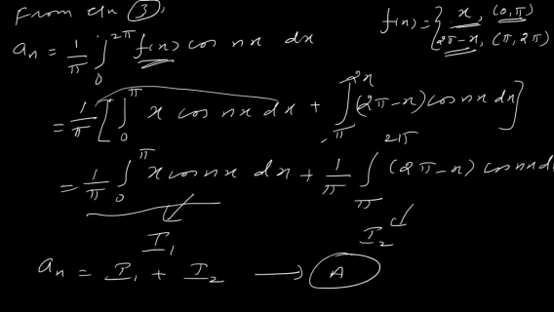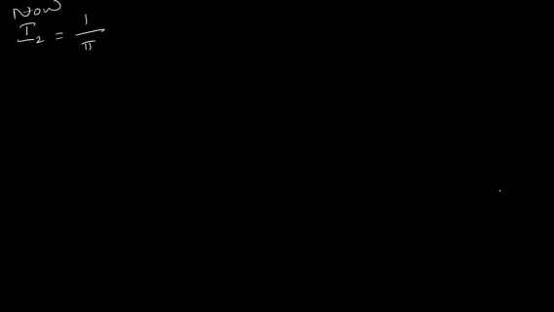Now your I2 is equal to 1 by pi. You know what is our I2? Your I2 is equal to 1 by pi integral from pi to 2 pi of (2 pi minus x) cos nx dx.